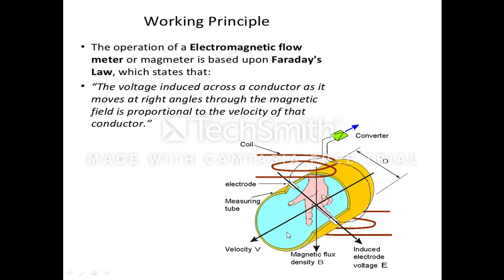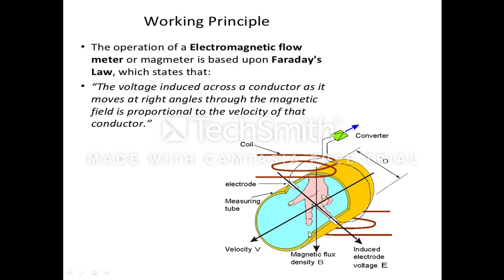So how are we measuring here? Previously it was the velocity of the conductor, now it is the velocity of the fluid, which moves through the magnetic flux and induces a voltage. From this principle, the voltage induced across a conductor moving at right angles through a magnetic field is proportional to the velocity of the conductor. So we use a conductive fluid in this direction, with a magnetic field available in this direction.